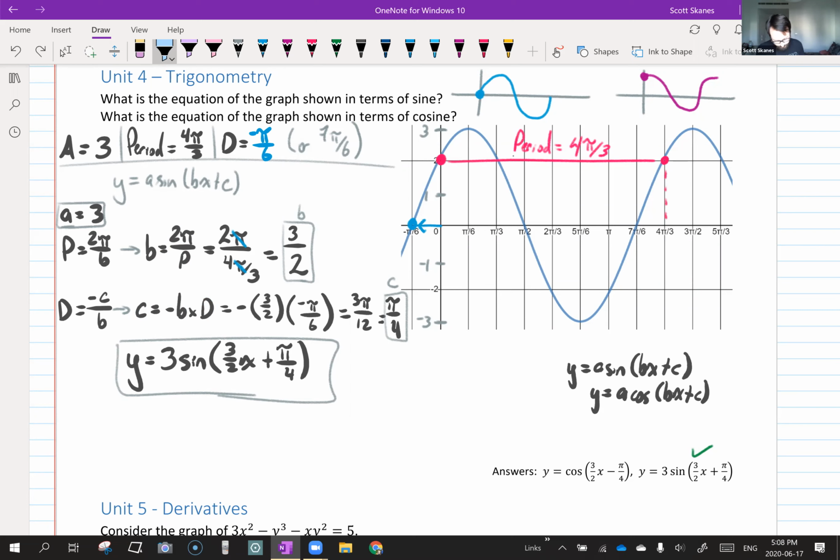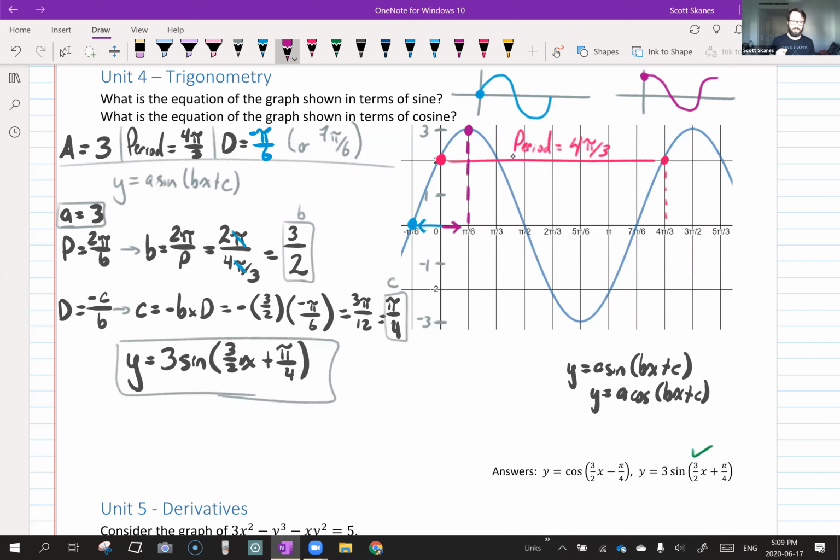So just be careful. We need to find cosine. The only difference is displacement. Displacement will be different. So for cosine, where do we look for displacement? I'm going to look right here. Why do I look right there? It's because compared to this point on the cosine graph, it's been shifted by a positive pi over 6.